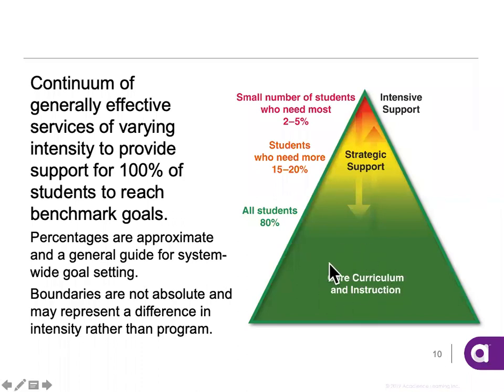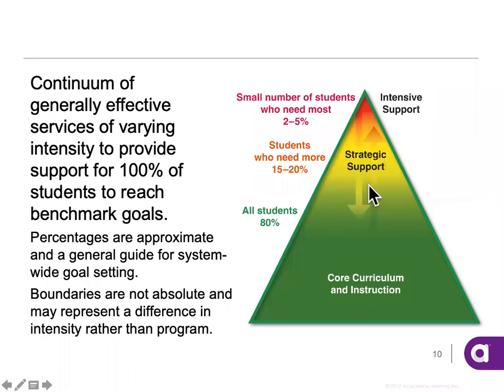So we have tier 1, what we could talk about as universal instruction, the core curriculum and instruction that we're providing to all students. This should be conceptualized as the primary prevention of reading failure. What do we do with all students to prevent reading failure for the vast majority of them? This is our number 1 opportunity to prevent reading failure with the first way we teach reading in the regular ed classroom.